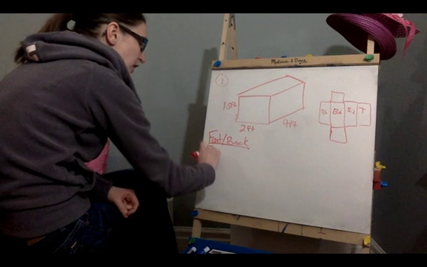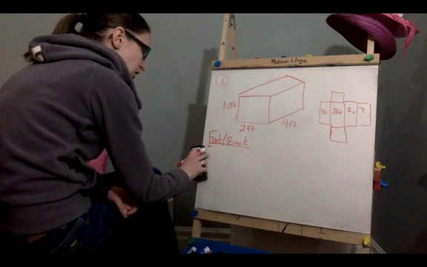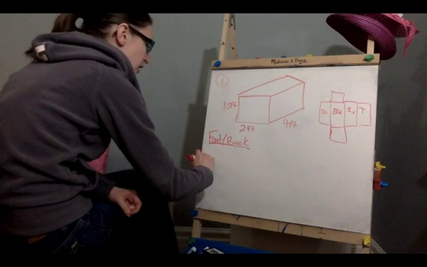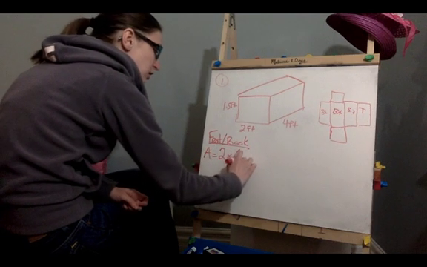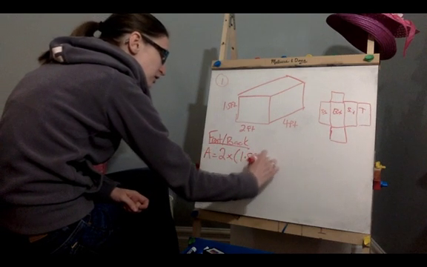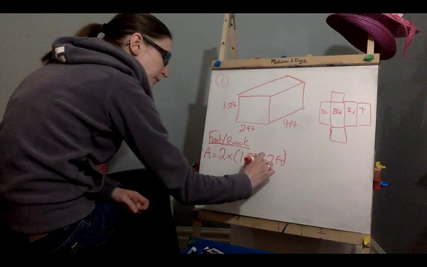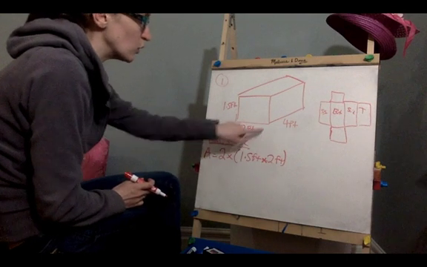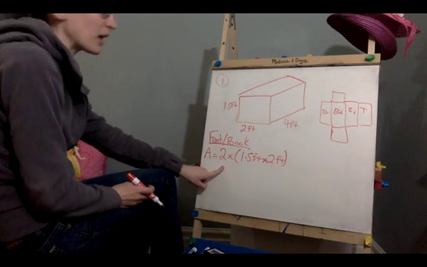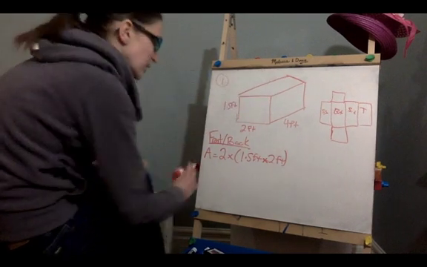So the area is 2 times 1.5 feet times 2 feet. I'm just doing length times width, 1.5 times 2, and then doubling it because the front and the back are the same shape.